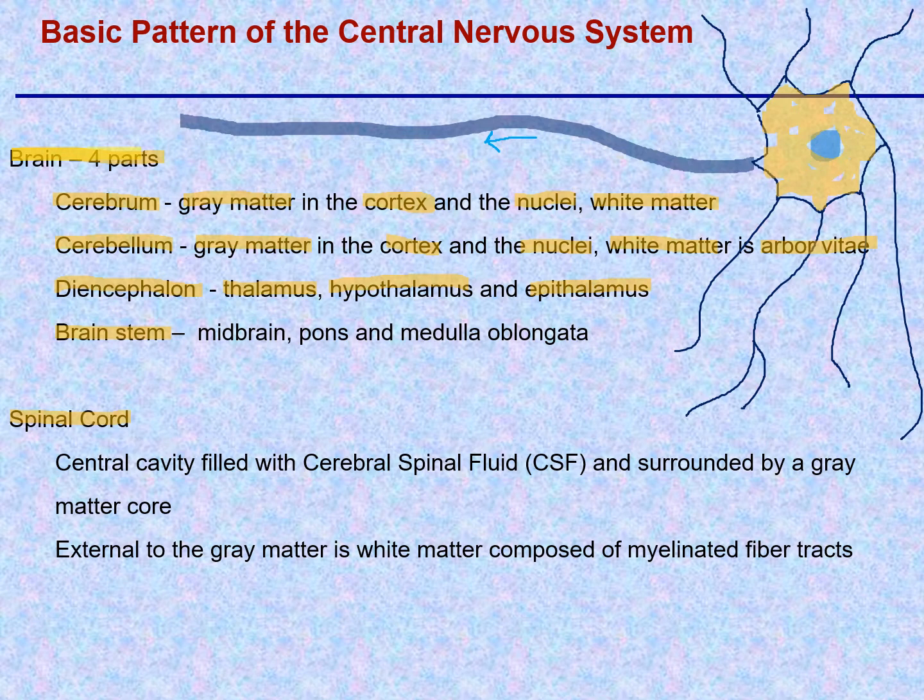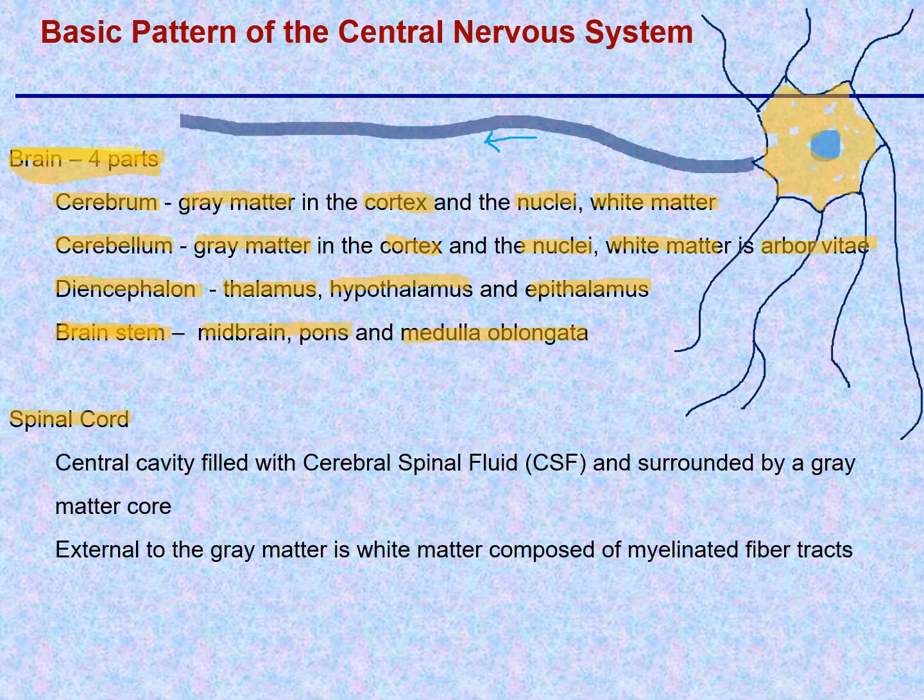And then the fourth major part of the brain is the brain stem, and it is made up of a midbrain, pons, and medulla oblongata. So those are the major structures, and we'll look at them in diagrams on later slides.